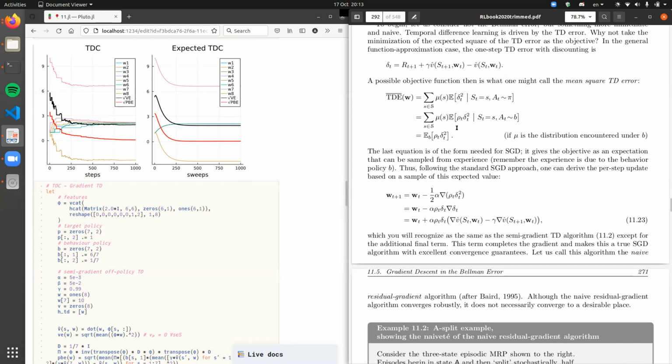The distribution of states in this case is derived from the policy we want to evaluate, the target policy pi. To evaluate this value using the data from the behavioral policy b, we can use the importance sampling ratio.